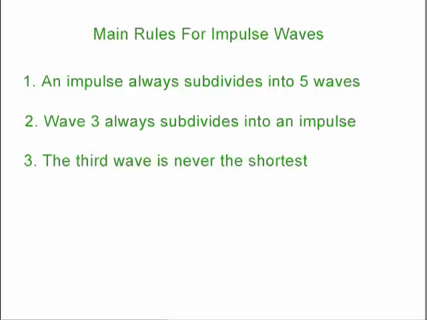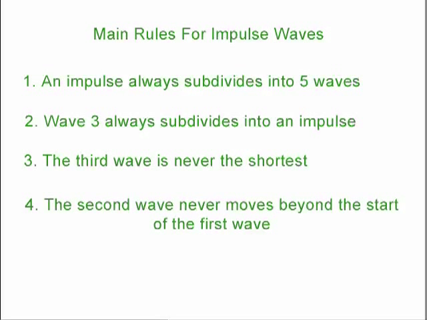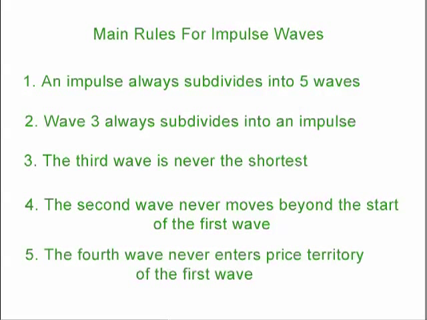The third wave within an impulse is never the shortest wave. The second wave within an impulse may never move beyond the start of the first wave. Another way of saying that is the second wave may never be more than 100% the length of the first wave. And the fourth wave within an impulse may never enter the price territory of the first wave.